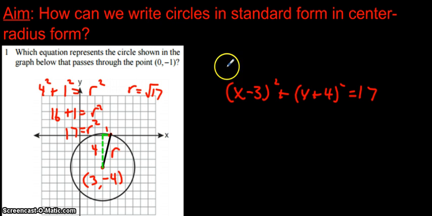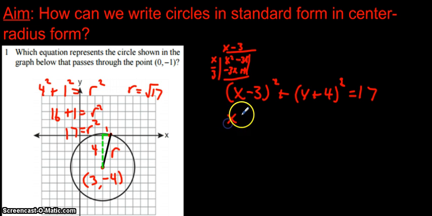Okay, so to go to standard form, we're going to square x minus 3, which, if you recall, means to multiply x minus 3 by itself. x squared minus 3x minus 3x plus 9.